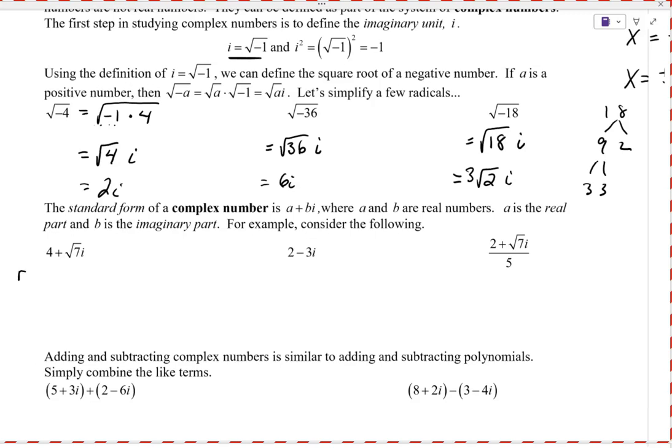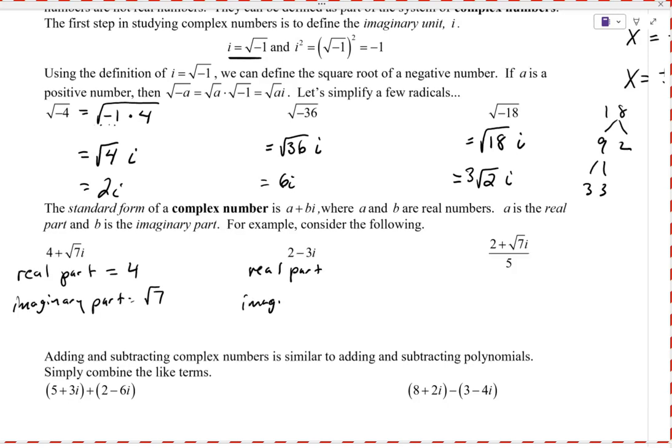So for this first one, real part is 4, imaginary part is square root of 7. Let's look at the next one.